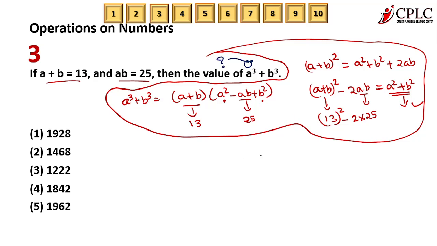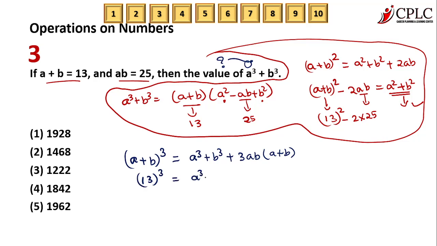If you remember, there was the formula for a plus b the whole cube, the alternate formula to be precise. It was a cube plus b cube plus 3ab times the bracket a plus b. Why this formula? Because directly you will get all the answers, because you know a plus b is 13, so you know 13 cubed. You have to find a cube plus b cube, which you will be able to get.